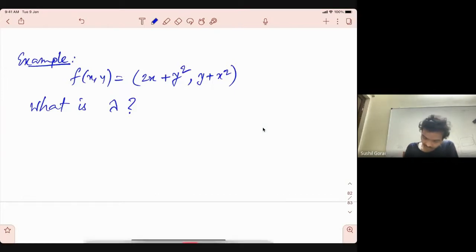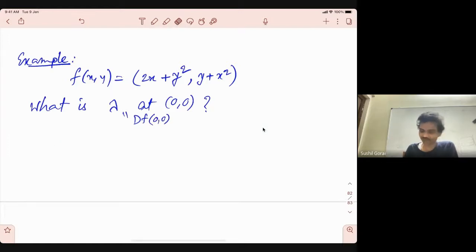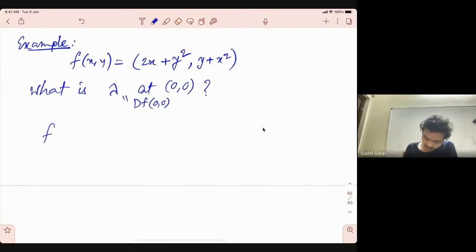So here you do it by hand. Consider lambda at (0, 0), which is nothing but df at (0, 0). First of all, you have to have f to be differentiable, right? So you write f of (h, k) minus f of (0, 0).